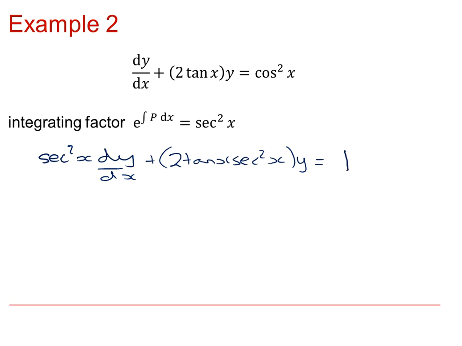I'm going to write that as 1 because we know that cos x equals the reciprocal of sec x and vice versa. So the left-hand side is the perfect derivative of sec squared x times y.